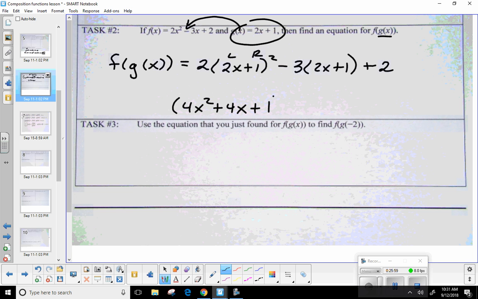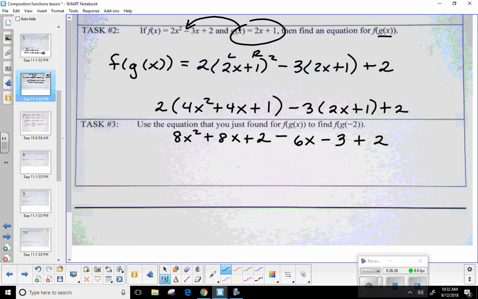Now, we still need to go ahead and distribute a 2, and I'm not going to distribute this 3 just yet. I'll distribute all at the same time. So what do I get if I double that quadratic? So 8x squared plus 8x plus 2 minus 6x minus 3 plus 2.